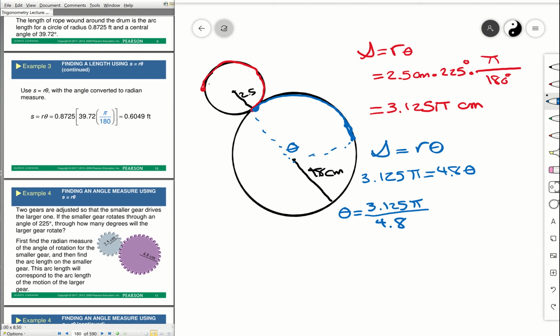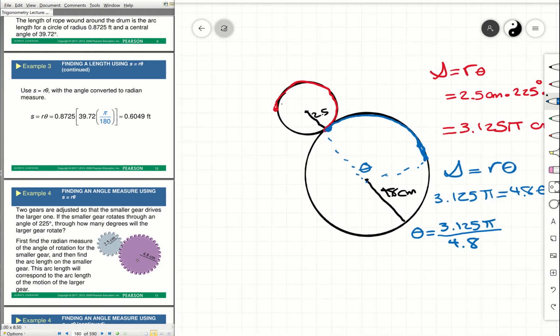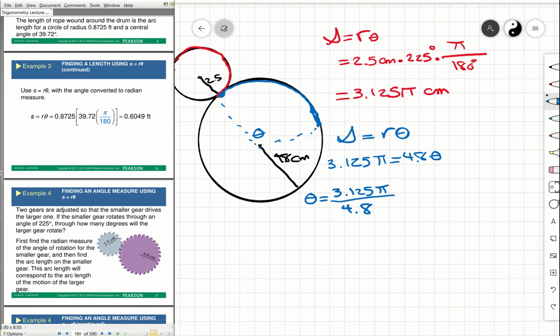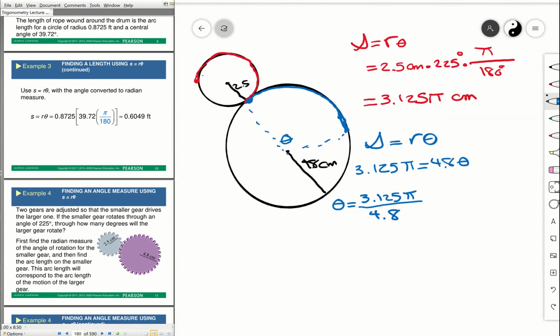Now, if you look back at the problem, it says through how many degrees will the larger gear rotate. And as you know, when we use this formula, the answer that we obtain is in radian measure. So if we want to get the actual answer to the question they ask, we should now convert this to degrees.